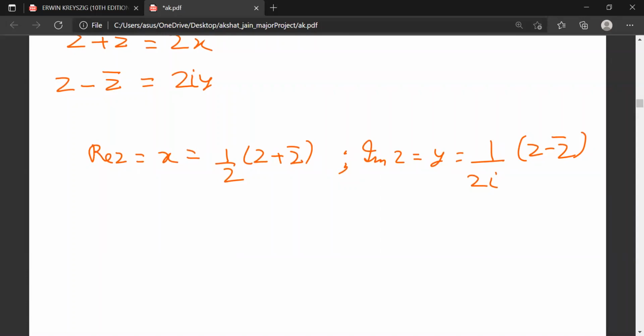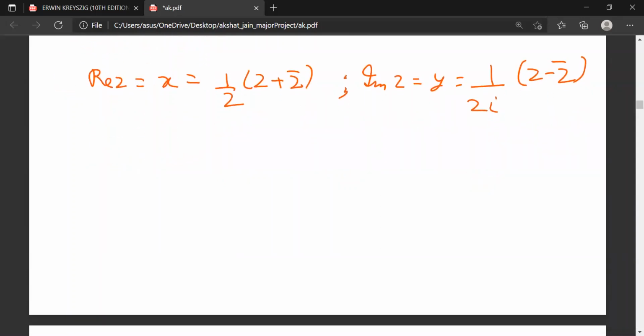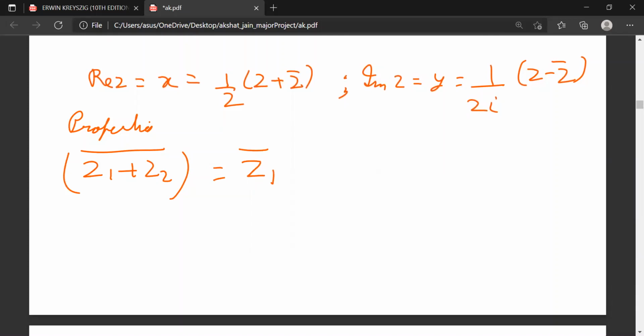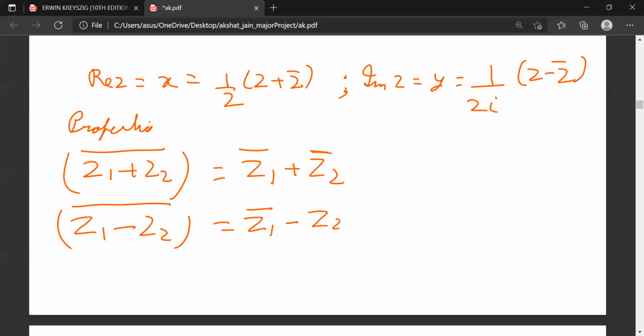Now some properties. Let's see some properties of it here. The conjugate of z1 plus z2 we can write as z1 bar plus z2 bar. The conjugate of z1 minus z2 we can write as z1 bar minus z2 bar.